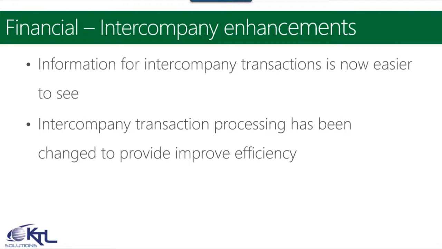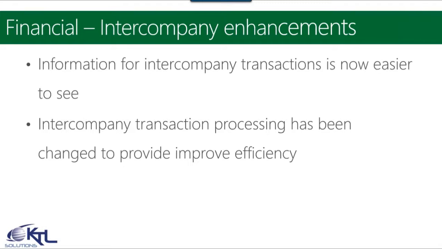Intercompany transaction processing has been updated so that if a change is made to a transaction for the originating company, that change is automatically made for all destination companies as well. So an example of that is if you void an intercompany transaction in the originating company, that transaction is voided in the destination company at the same time.